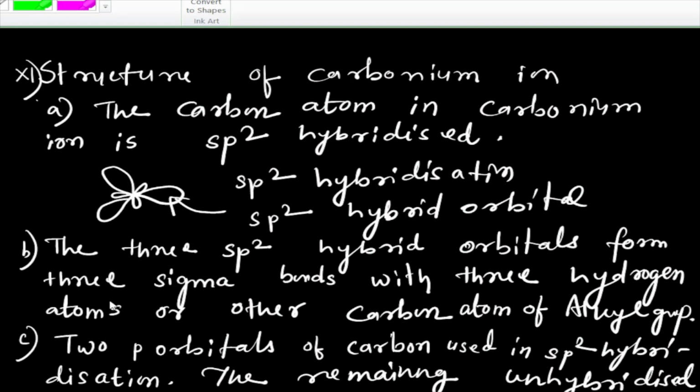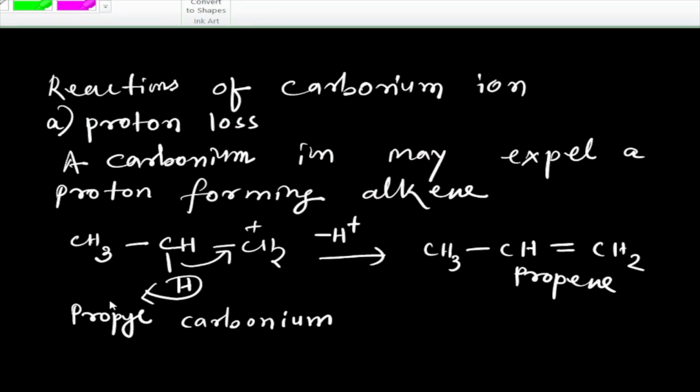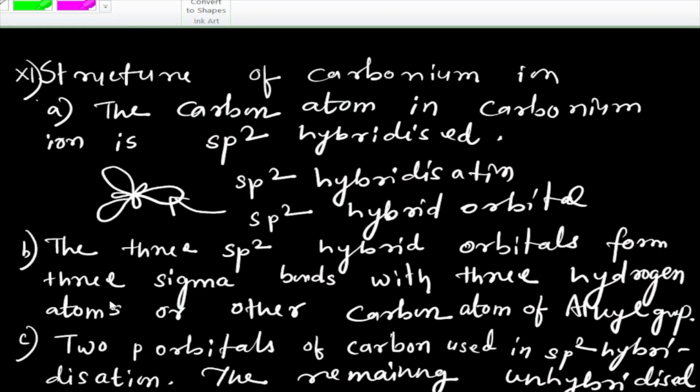In the structure of carbonium ion, first you see the carbon atom of carbonium ion is sp2 hybridized. So what hybridization takes place in carbonium ion? That is sp2. sp2 means triangular structure, and sp2 hybridization means one s orbital and two p orbitals. From the p there are 3 orbitals, px, py, pz.